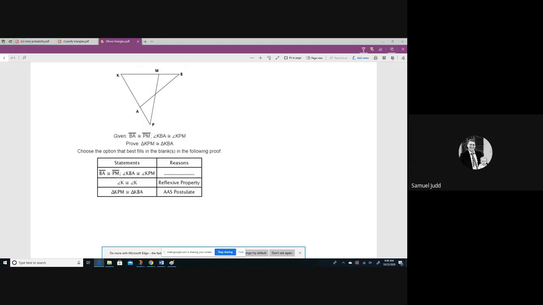All right, let's talk about this again. Given BA is congruent to PM. All right, let's go ahead and label that. So BA is right here. That's congruent to PM, which is right here. Cool.